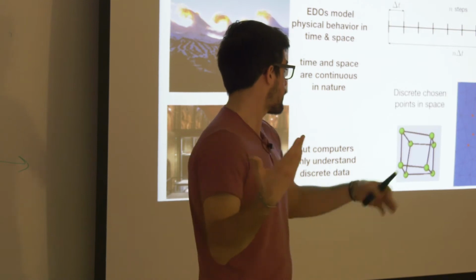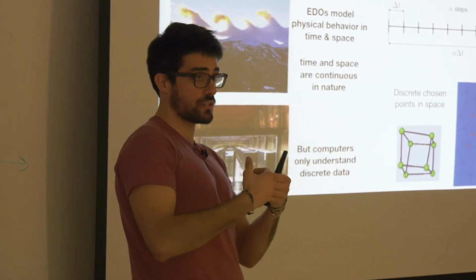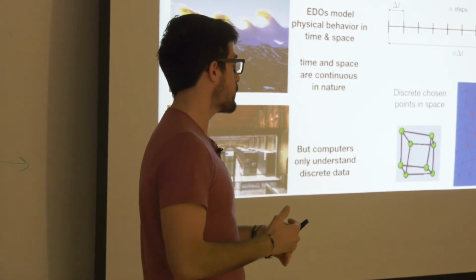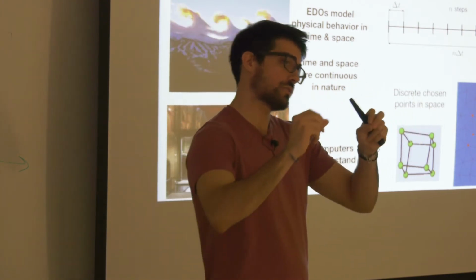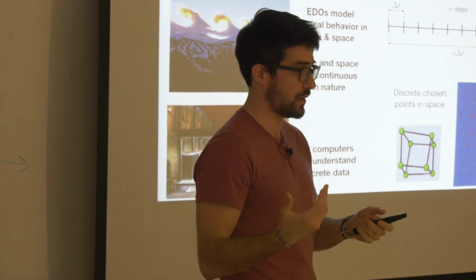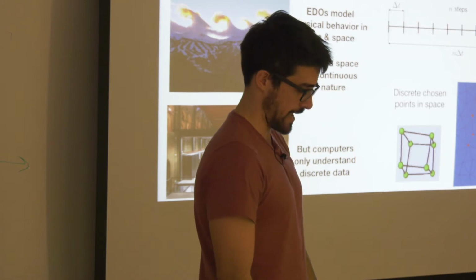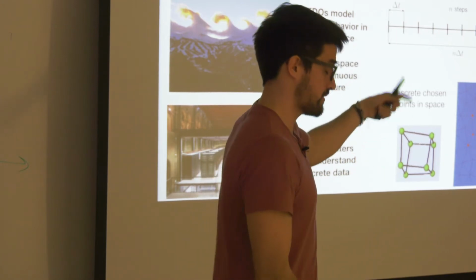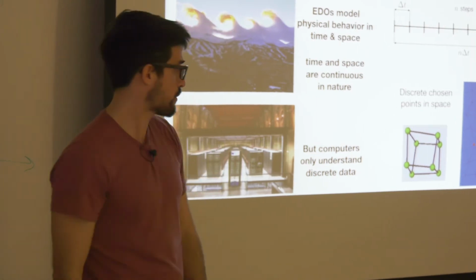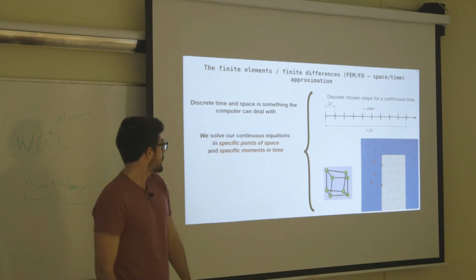You do something similar for the space. You say, my equations are formulated in a continuous space, but I cannot solve that. So what I'm going to do is grab some points in the space, and I'm going to solve my equations at those little points. I'm going to be able to solve that because a computer can solve discrete points in space.